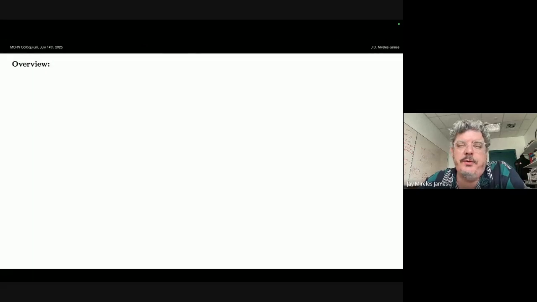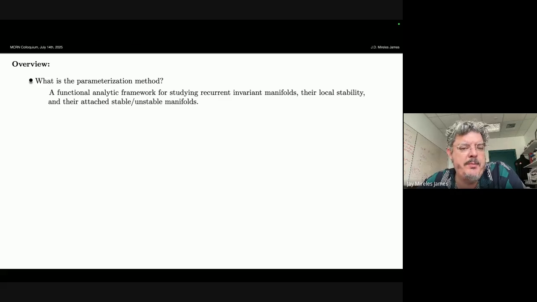So let me start with sort of the trailer to the movie: what is the parameterization method then? I mentioned invariant manifolds. Basically, the parameterization method is a collection of tools, all closely related, for studying, say, recurrent invariant sets that happen to be smooth manifolds, and beyond that, their local stability, and then maybe even their attached stable and unstable manifolds.